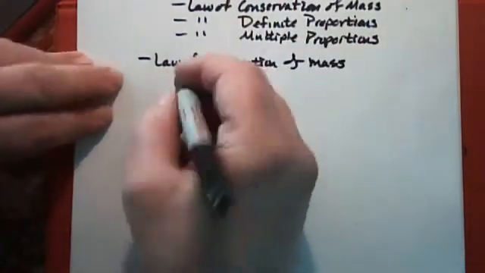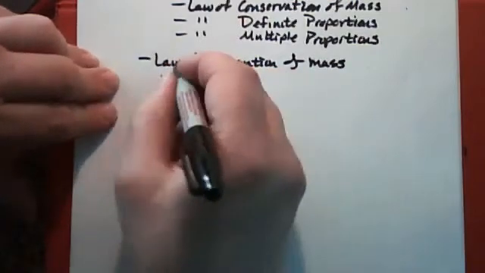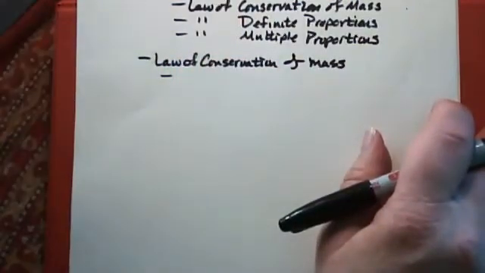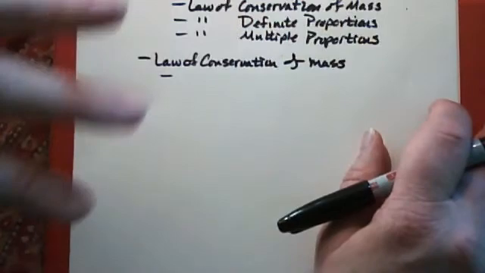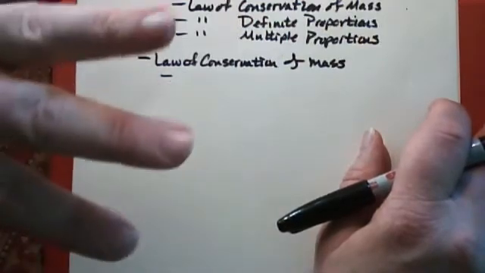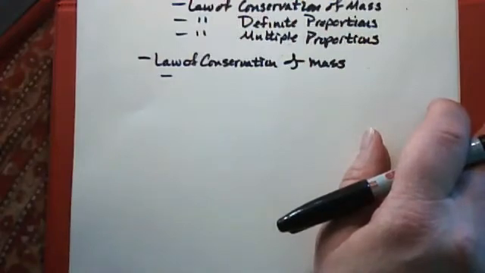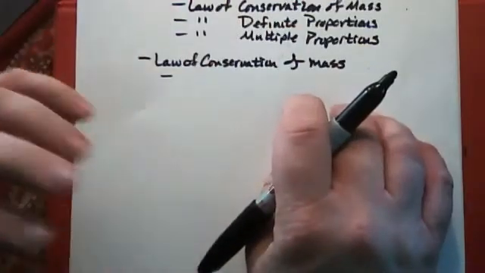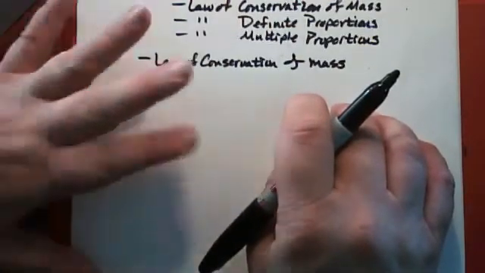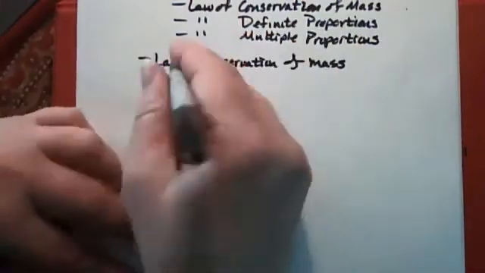So as for conservation of mass, it was developed by Antoine Lavoisier in France, and he noticed that when he conducted a combustion experiment in a closed container, the mass didn't change. And what he surmised from this was that the mass of the products of a chemical reaction have to be equal to the mass of the reactants.